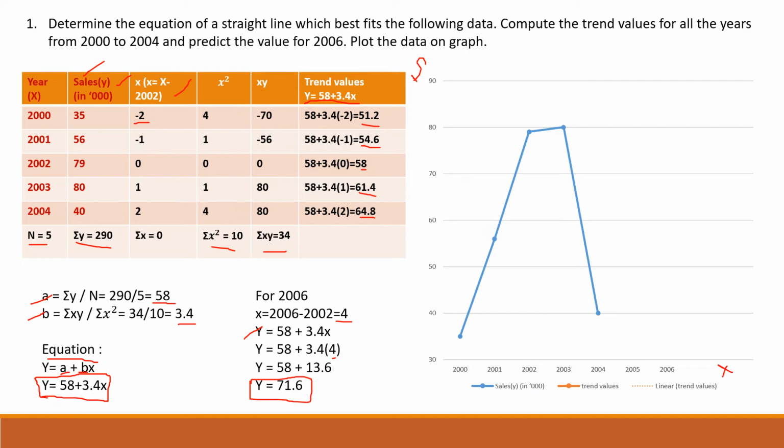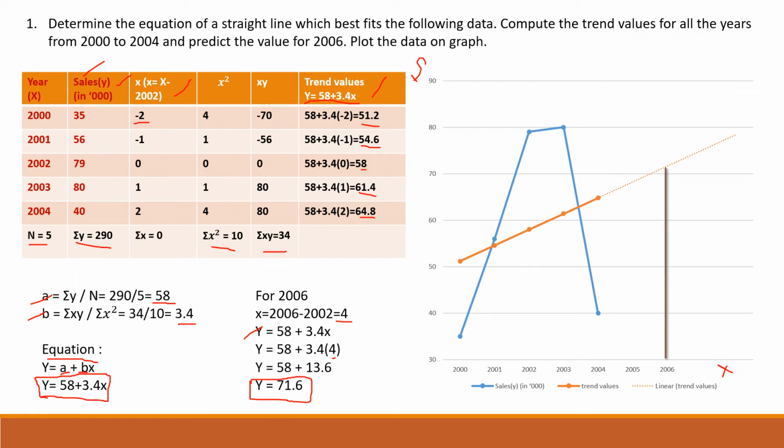Then we have to plot the trend line. For the trend line we take the values of this column, that is 51.2, 54.6, 58, 61.4, 64.8. So the trend line follows like this. They asked to predict 2006, so it has to be extended up to 2006.